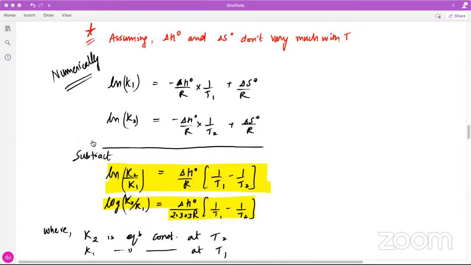So in one you've written ln and one you've written log. Yeah, because 2.303 से उन्होंने डिवाइड किया है.